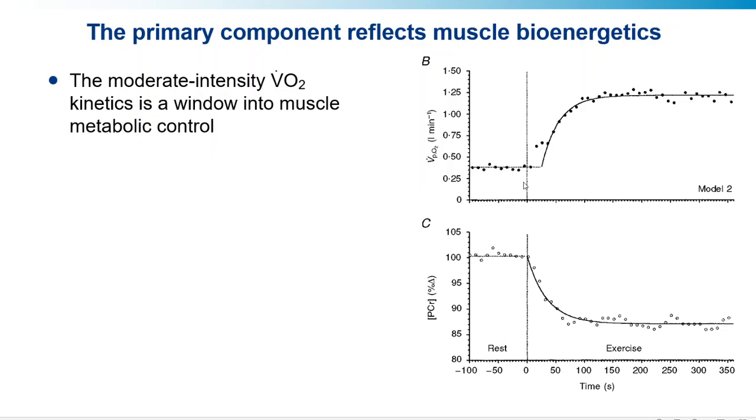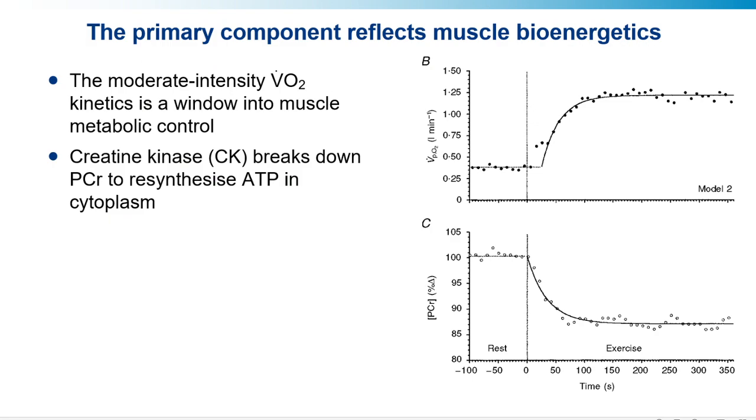They did this by lying prone in a magnet and kicking both legs, and they were measuring oxygen uptake at the mouth, and they had a coil on the muscle, and they're measuring muscle phosphocreatine simultaneously.